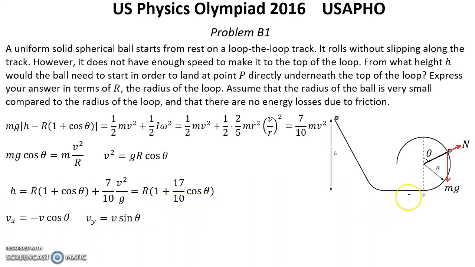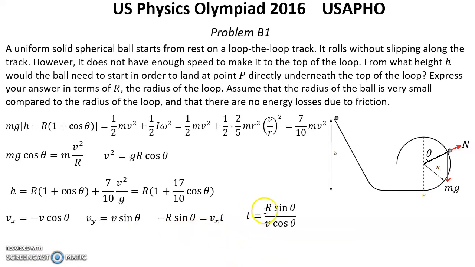Now at the point of break we have Vx equal to negative V cosine theta and Vy equal to V sine theta. From these two equations we can find the total time to travel. We have the horizontal distance to travel to point P equal to negative r sine theta, which is equal to Vx multiplied by time t. And from here we can find t.